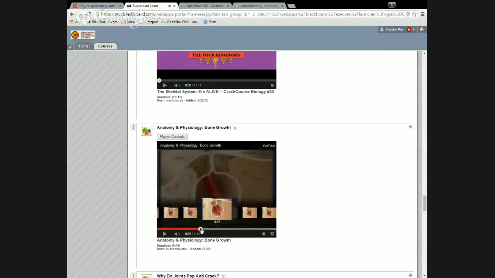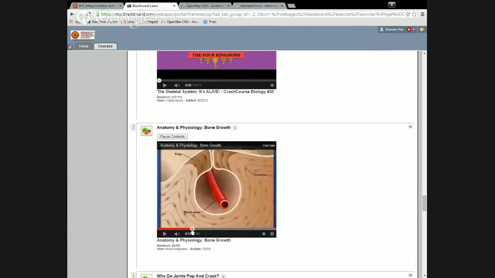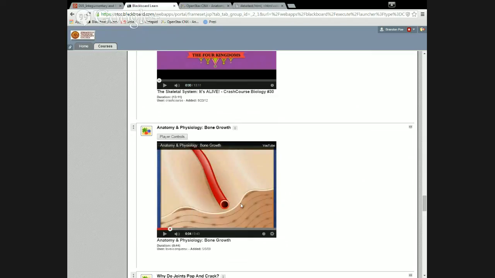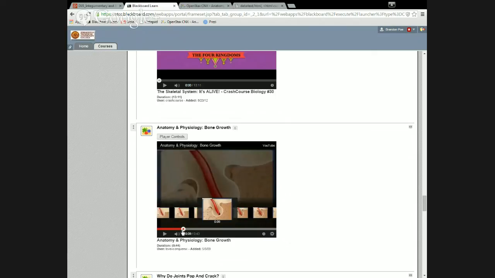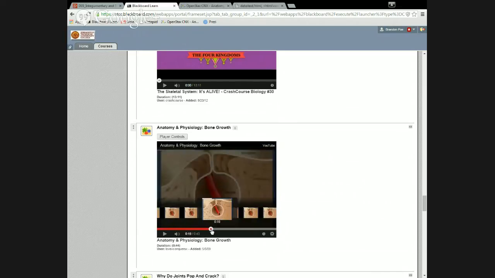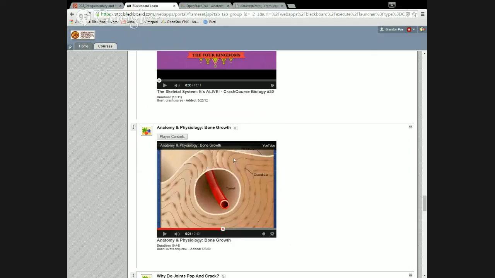So, just as they're showing us here, appositional growth is when the outside edge of the bone grows thicker and will surround blood vessels until the two ridges meet together and make a continuous piece of bone.